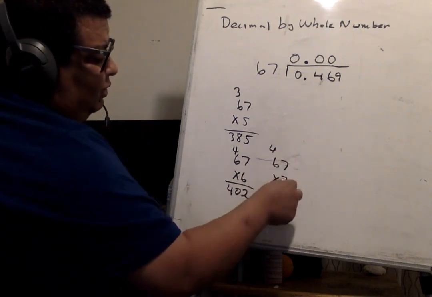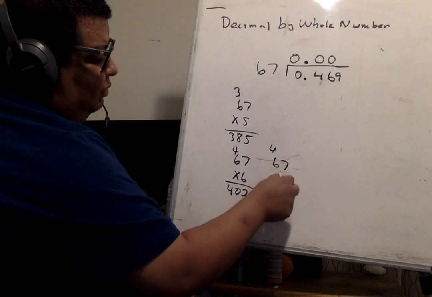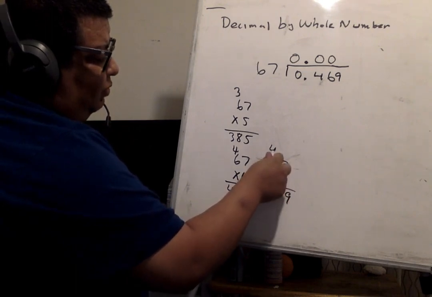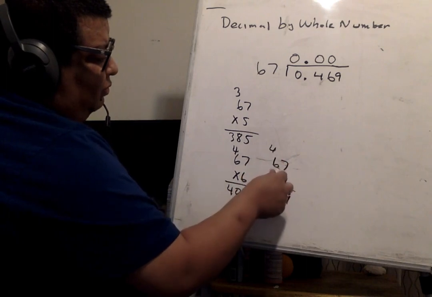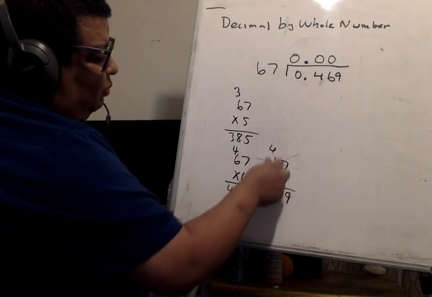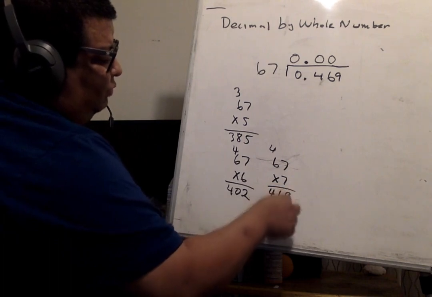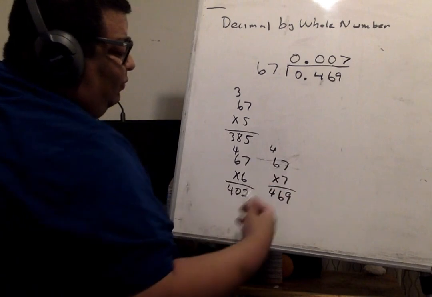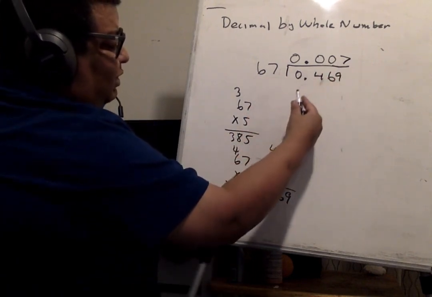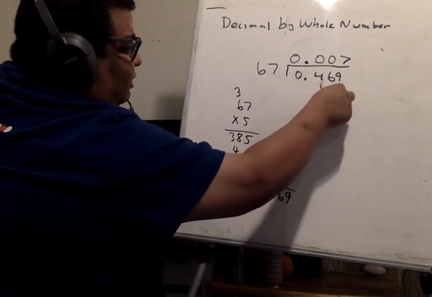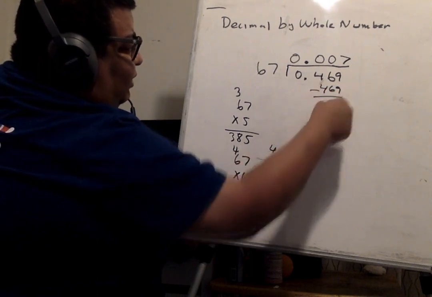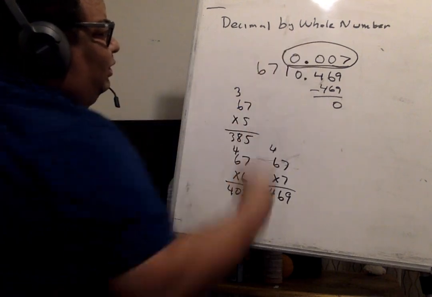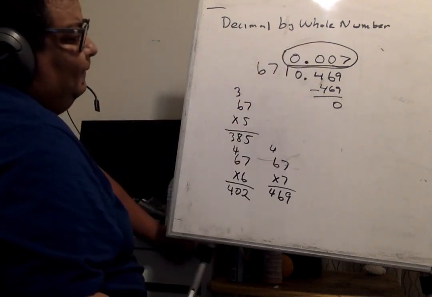Carry 4. 7 times 6, 42 plus 4, that's 46. That's 469. Okay, so the answer here is 7. 67 times 7 is 469 minus, remainder 0. So our quotient is this one here. That's our answer.